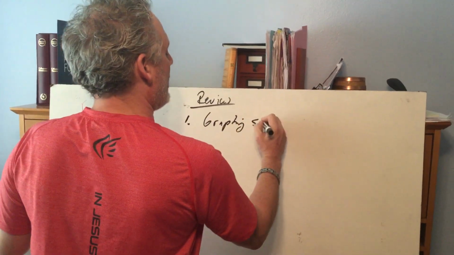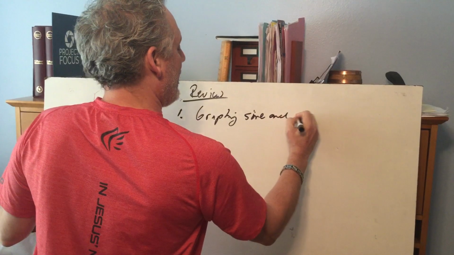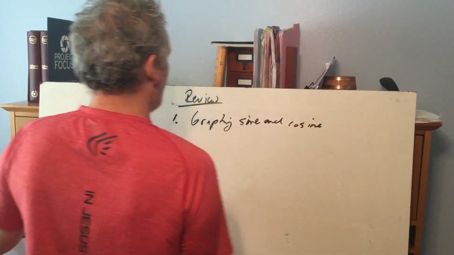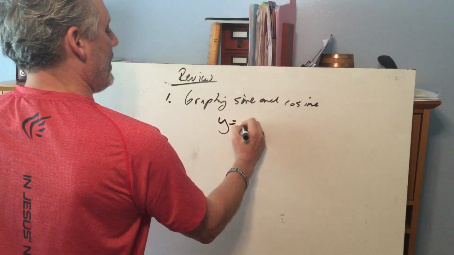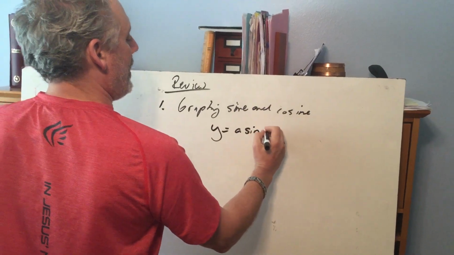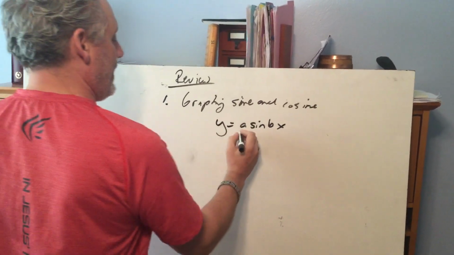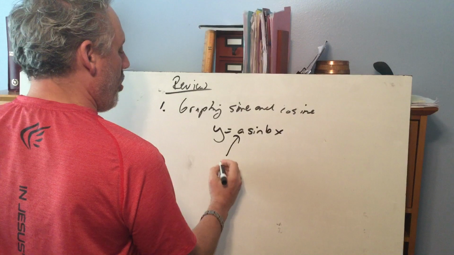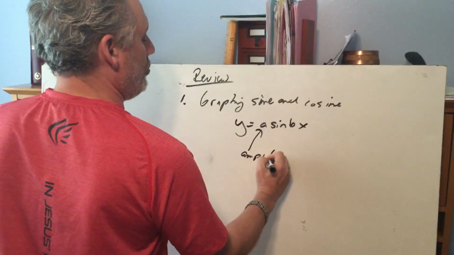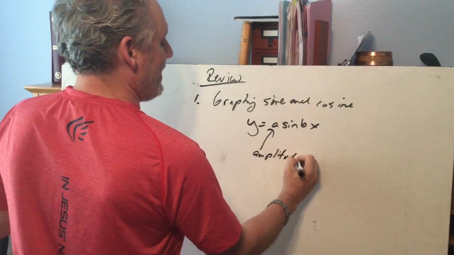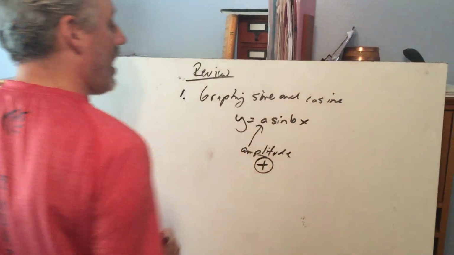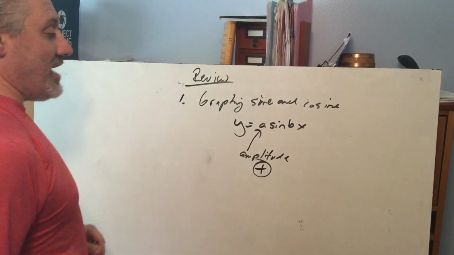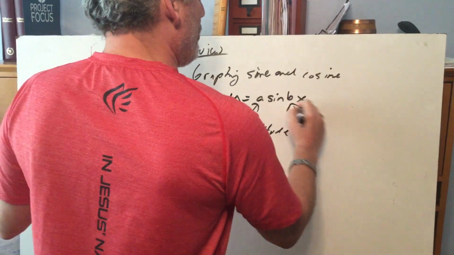graphing sine and cosine. What do you got to know about it? A sine bx. You got to know that A is always the amplitude. It's always positive, so if it's negative, you take the absolute value. What do you need B for?